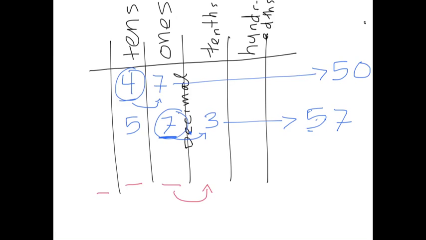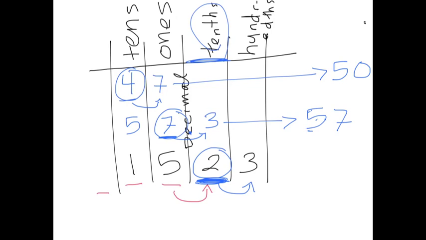Okay? So in the same sense, if we wanted to round something to the nearest tenths place, then we would have to look at the hundredths place to see if this number would go up or down. For example, if we have 15 and 23 hundredths rounded to the nearest tenths place, we look at the hundredths.